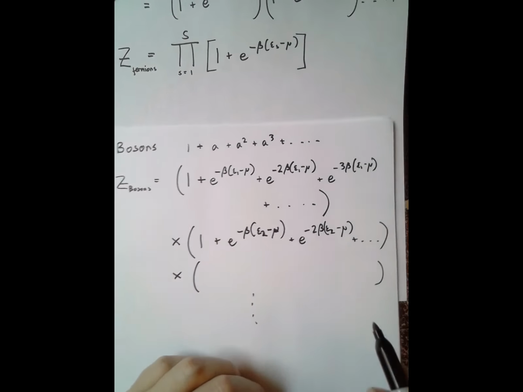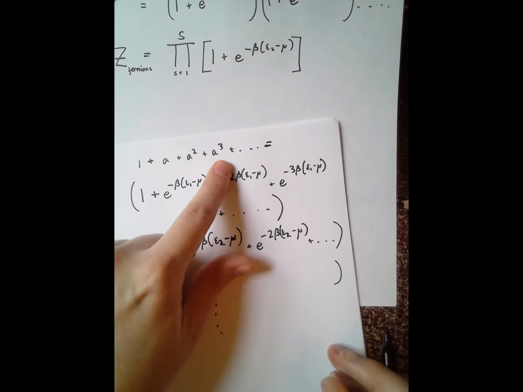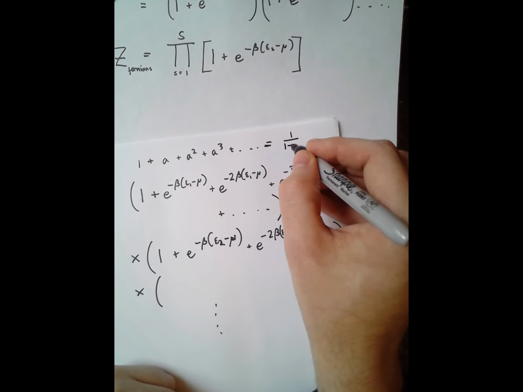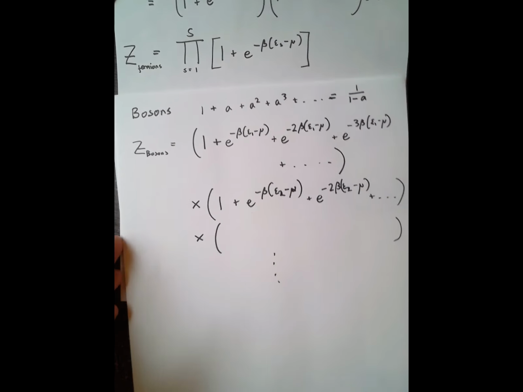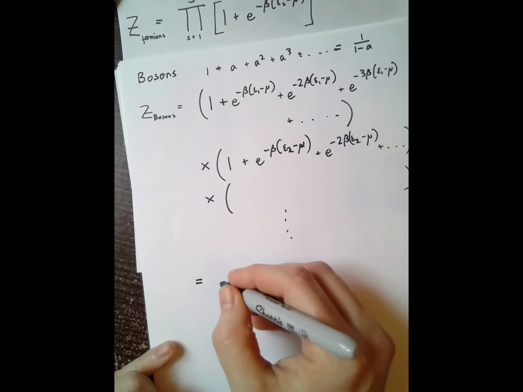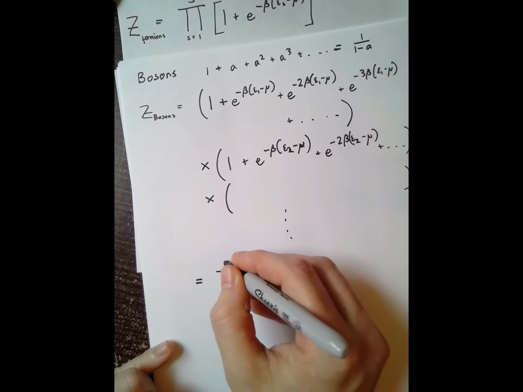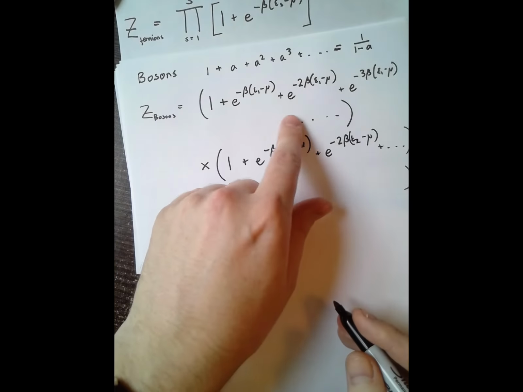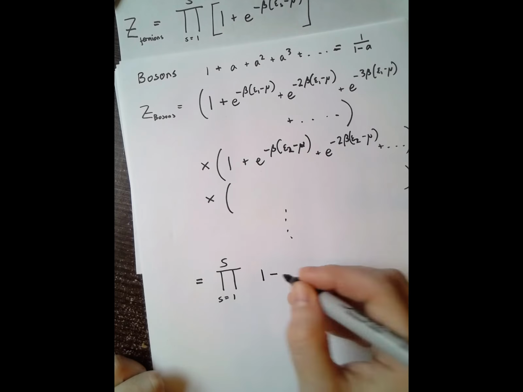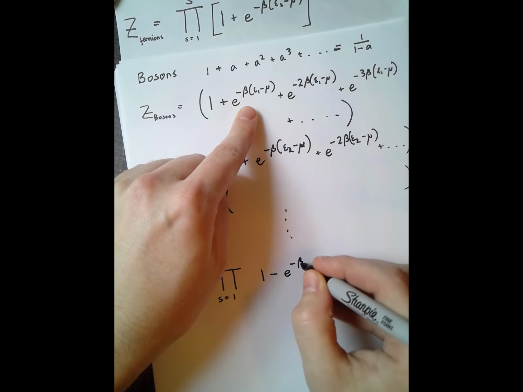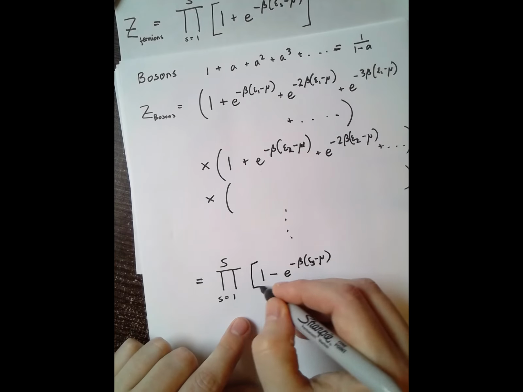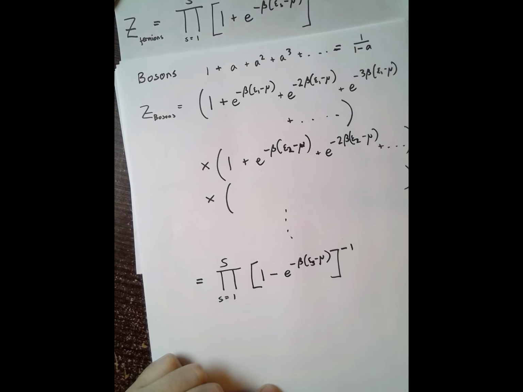Okay, and the sum of this geometric series is just 1 divided by 1 minus A. So what this actually is, we can write this product, again this is the product over states, and each term in the product is the sum, which is 1 over 1 minus A. So that's 1 minus, our A in this case is e to the minus beta epsilon s minus mu, and it's 1 divided by that, so we can write this as minus 1, like so.